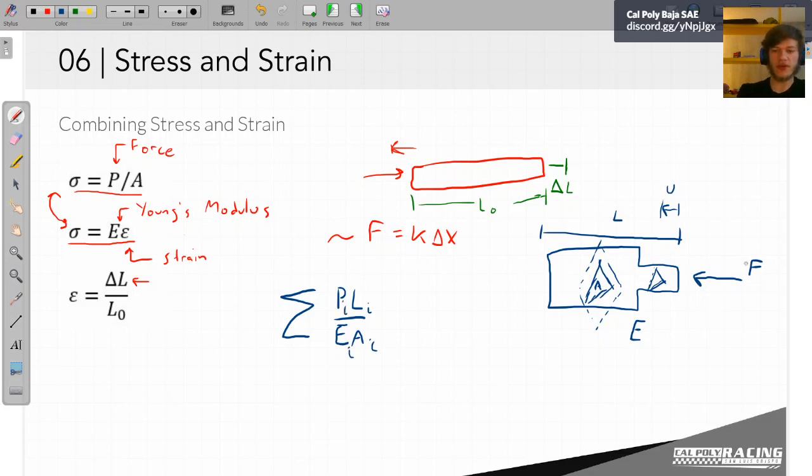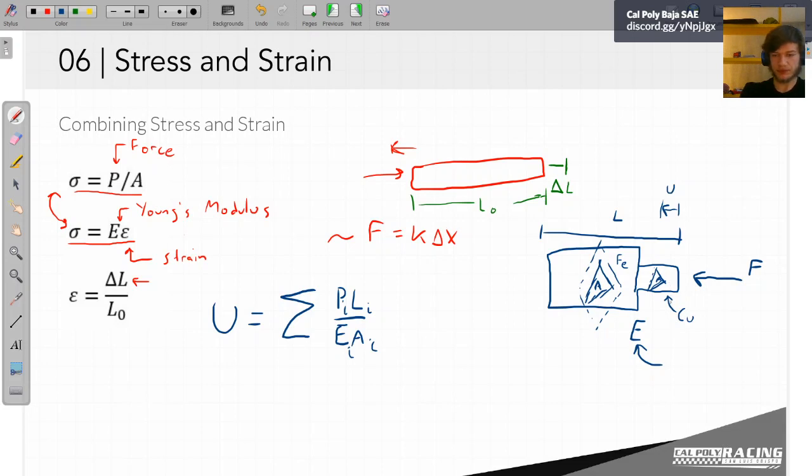So here we have one force. So U equals the sum here. We have one force, but we have two areas. Now, I'm assuming this is the same material, so E happens to be a constant, but it could be two different materials. I could have this part that's steel, this part could be iron, Fe, and this part could be copper.